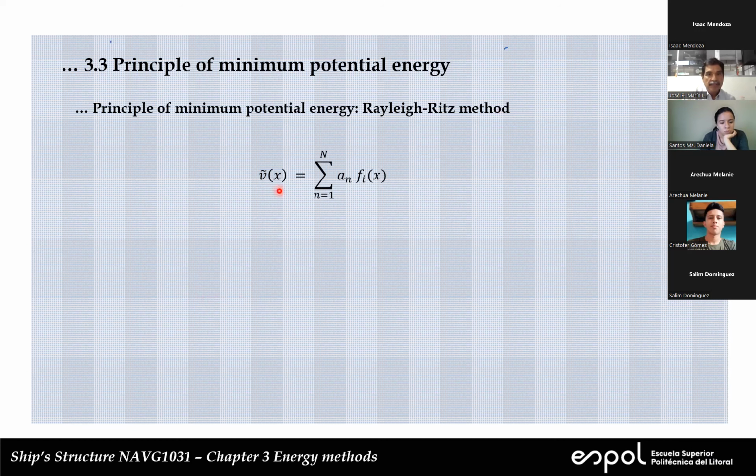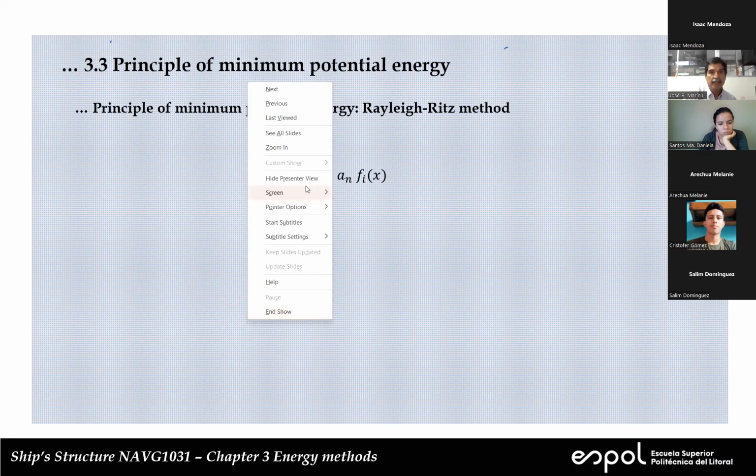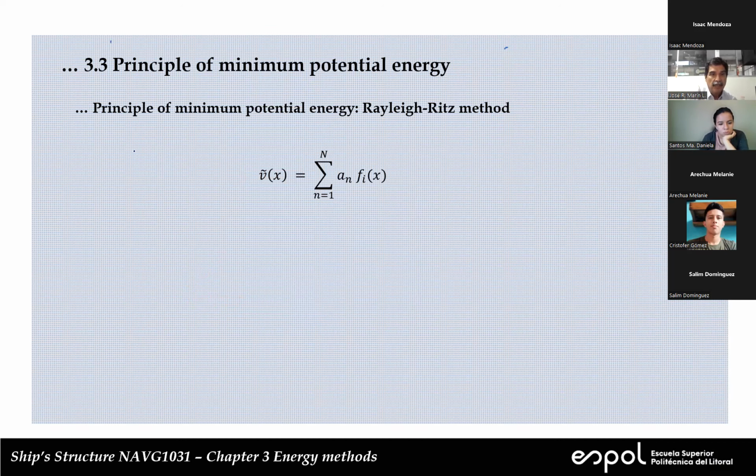Okay, you can see here immediately that this little sign is like a little wave, because this is not the exact solution. This is just an approximation, okay? So let me insist on that. We propose an approximation.